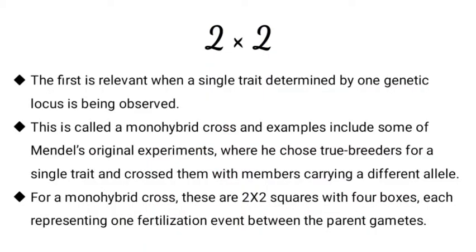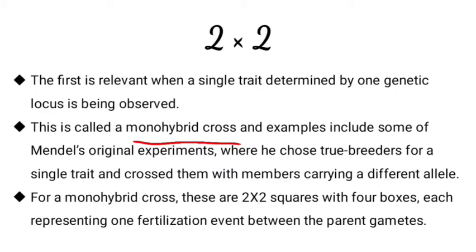Let's see the monohybrid cross. The first is relevant when a single trait determined by one genetic locus is being observed. This is called a monohybrid cross.